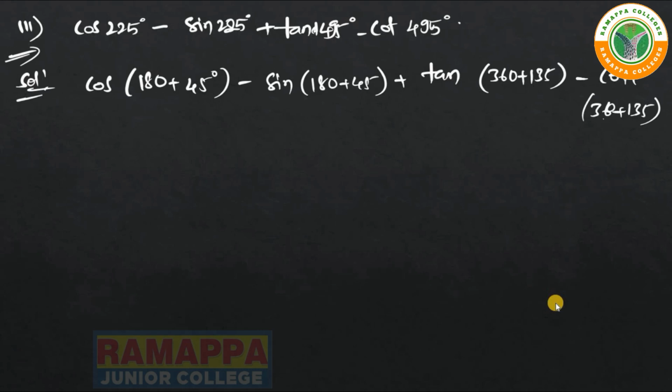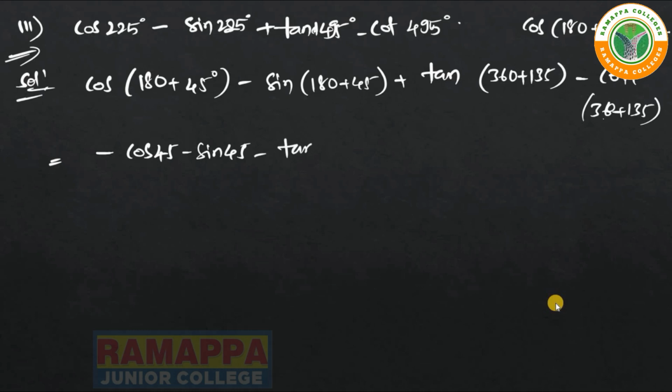Now the solution. Cos of 180 plus 45 is minus cos 45, as I already told you. Cos of 180 plus theta is equal to minus cos theta. Sin of 180 plus 45 is equal to minus sin 45. And tan of 360 plus 135 becomes tan 135.